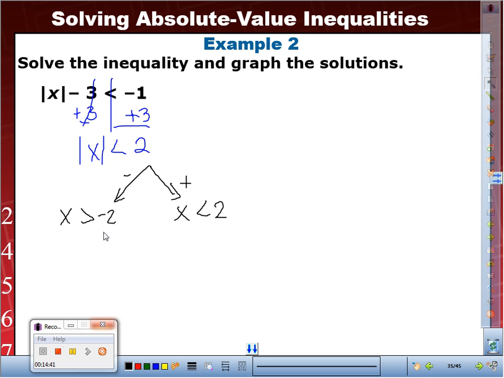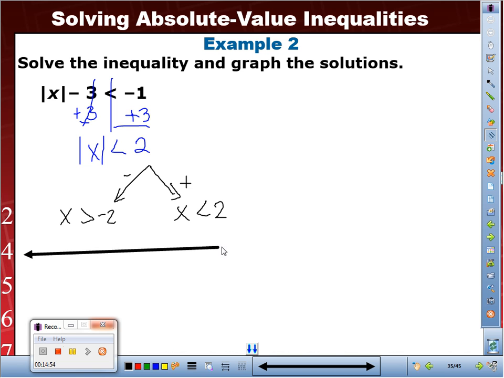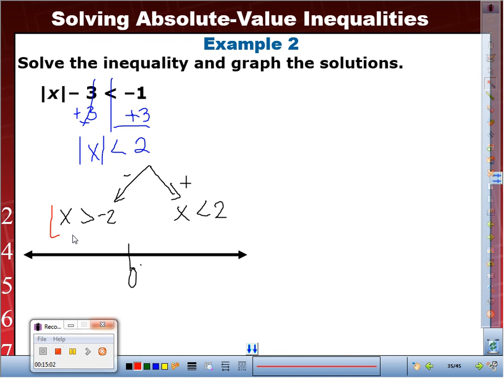So let's graph. Draw your graph for this one. Zero. I'm going to graph this one in red first. So I'm going to start at -2. It's an open point. And I'm going to test 0. Is 0 greater than -2? Yes.